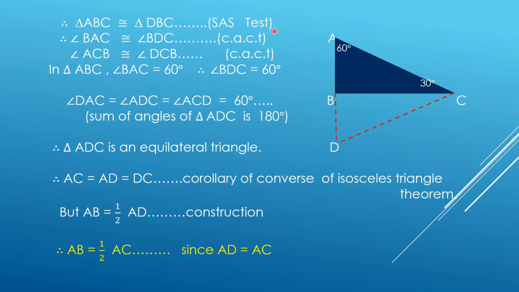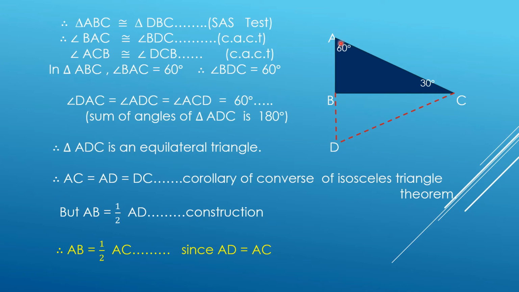And if the triangles are congruent, other angles and other sides are also equal. Therefore, angle BAC is congruent to angle BDC by CACT. That means angle BAC and angle BDC are equal. The other congruent angles are angle ACB and angle DCB, which are also equal by CACT.